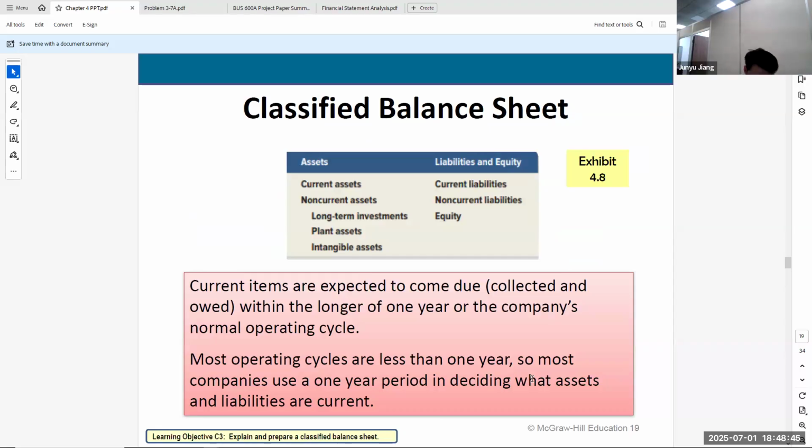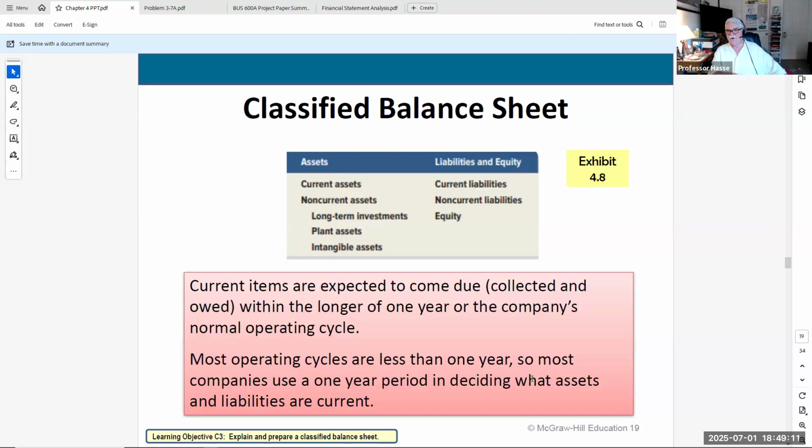Current liabilities or long-term or non-current liabilities. When somebody says classify your balance sheet, it means breaking down those accounts that are short-term and long-term. That's a classified balance sheet. In assignment number 3, I'm going to ask you to do a classified balance sheet.